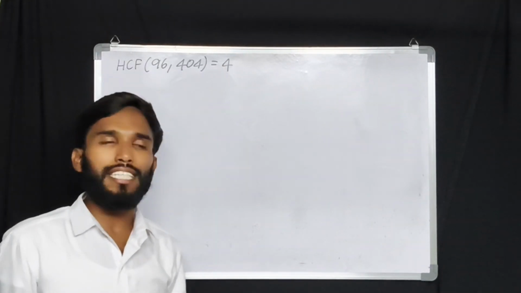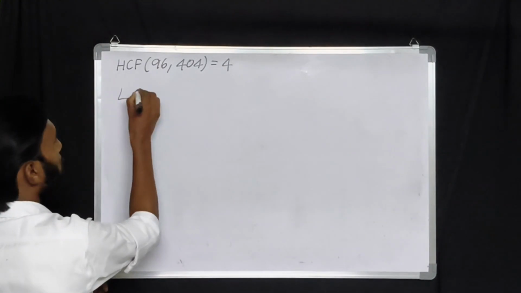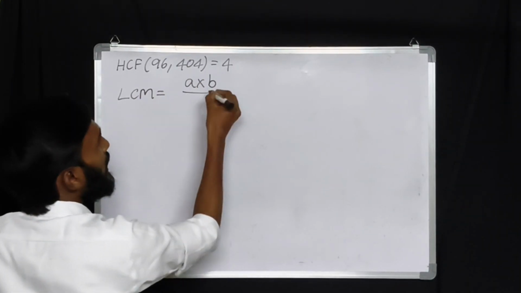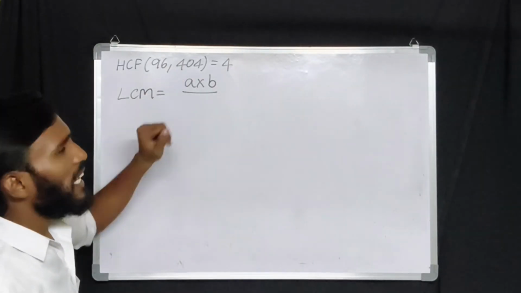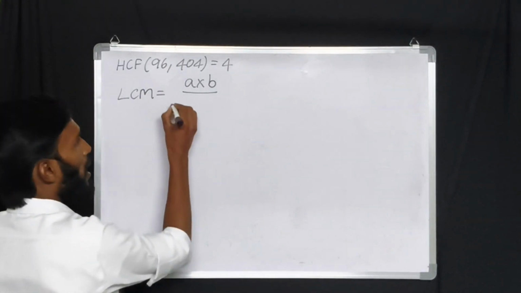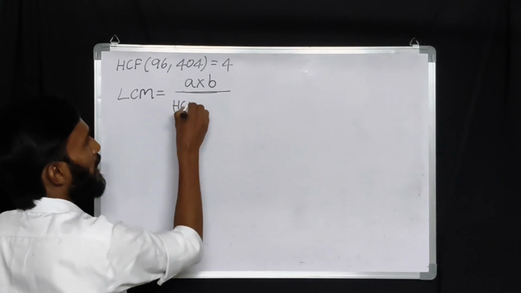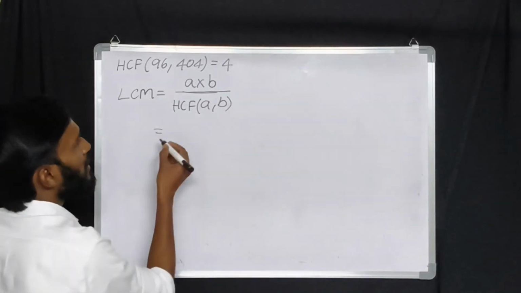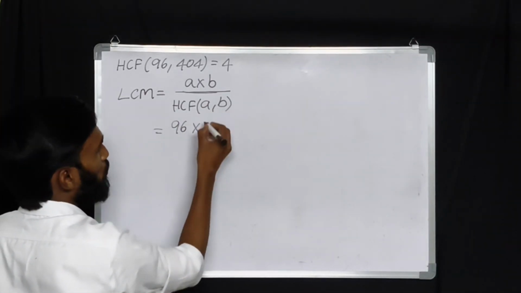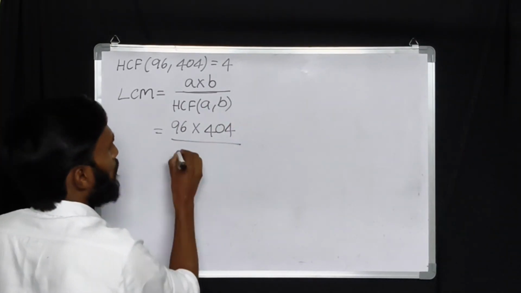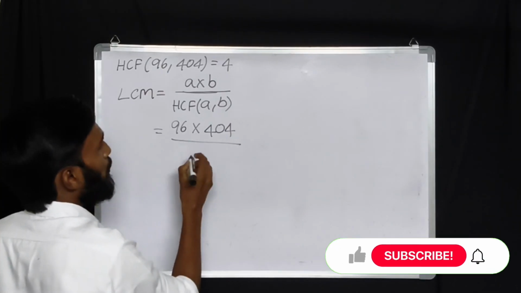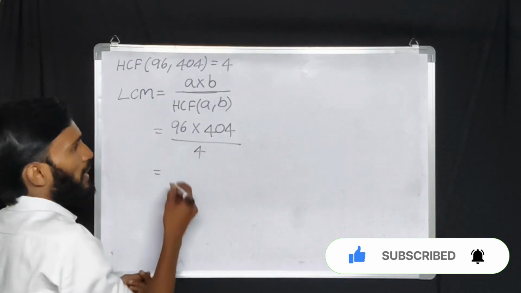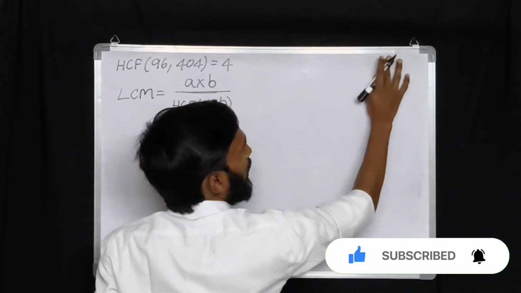Now, to find the LCM, we just write LCM is equal to A into B divided by HCF of A, B. A means 96 and B is 404. Here A is 96, into B 404, by HCF of A, B, which is 4.